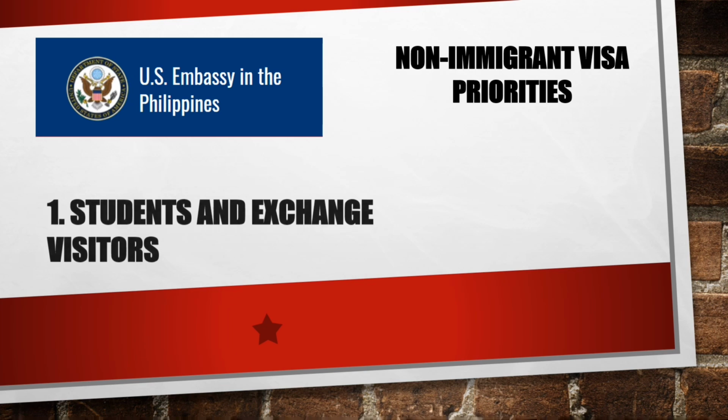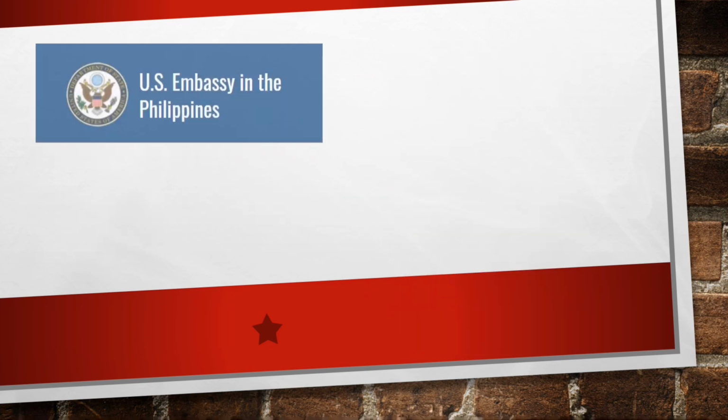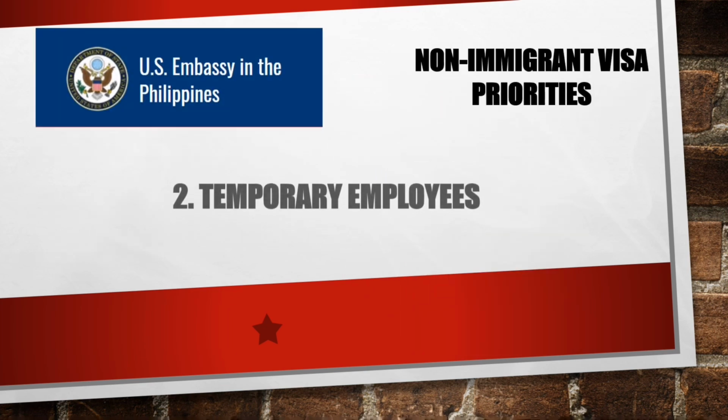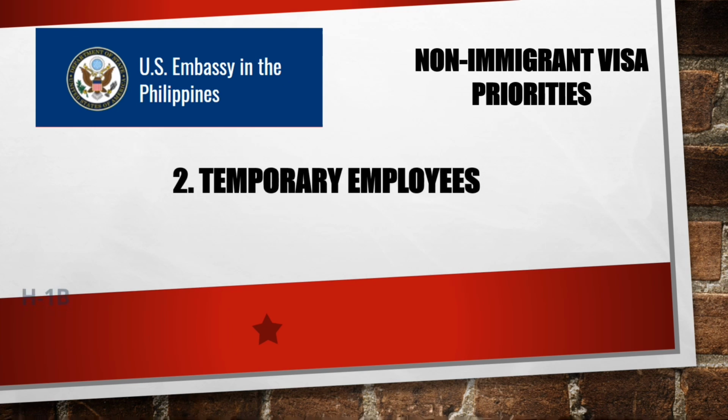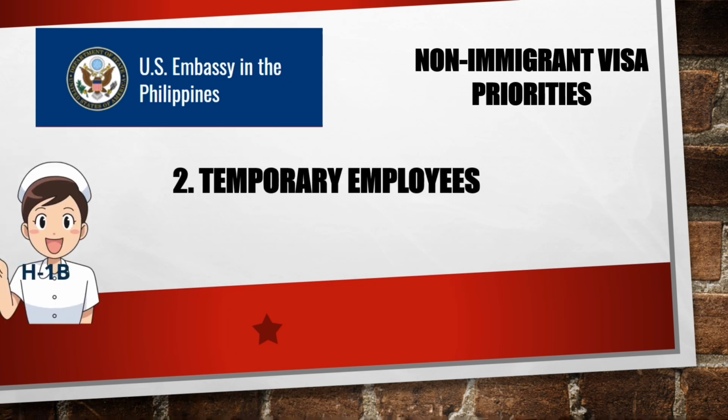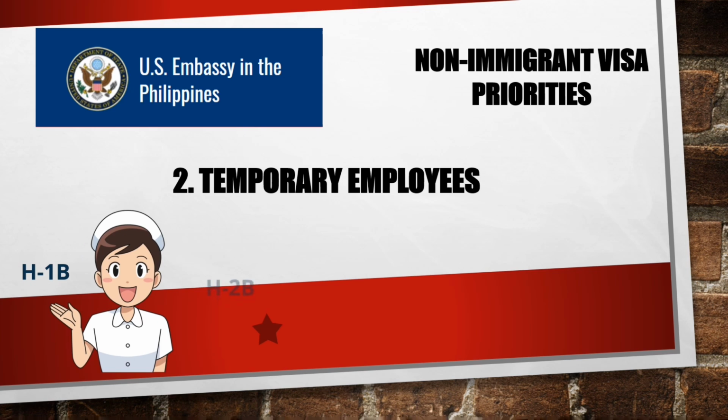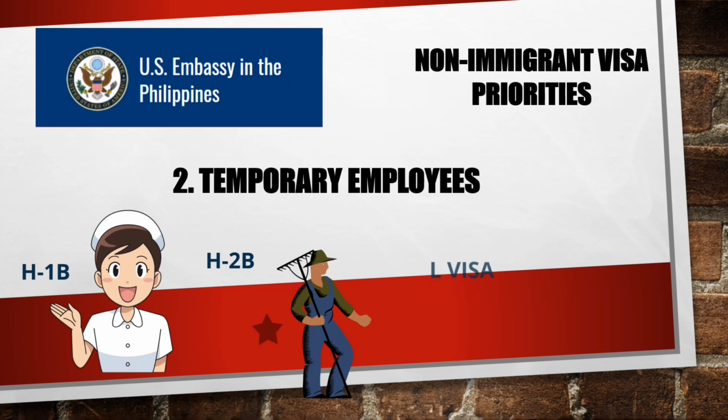So here is the update regarding the visa priorities for non-immigrant visas. These are the priorities: students and exchange visitors. Second, temporary employees. The temporary employees can be categorized into H-1B, H-2B, and L visas.